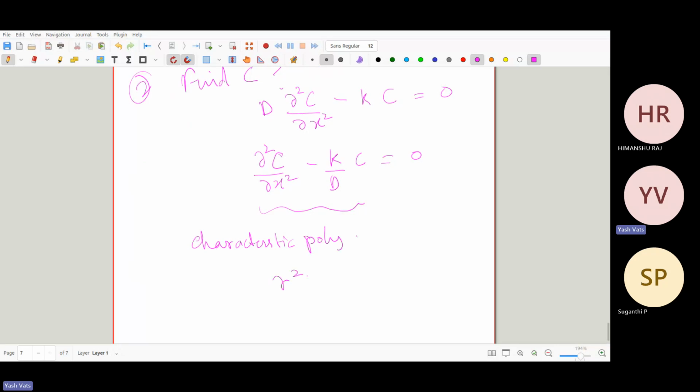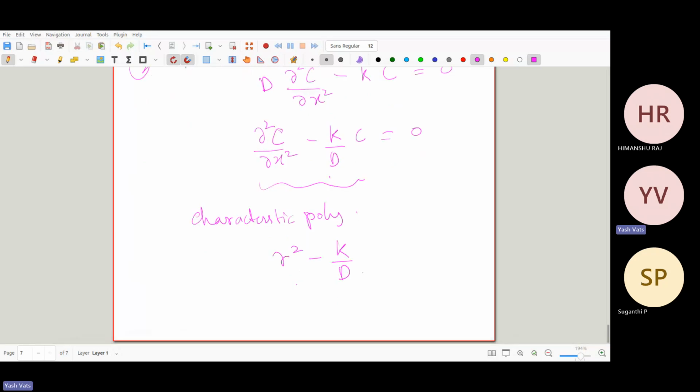It is R squared minus K by D equals 0. You put this as an equation, not a polynomial now. Then you find out what R is.